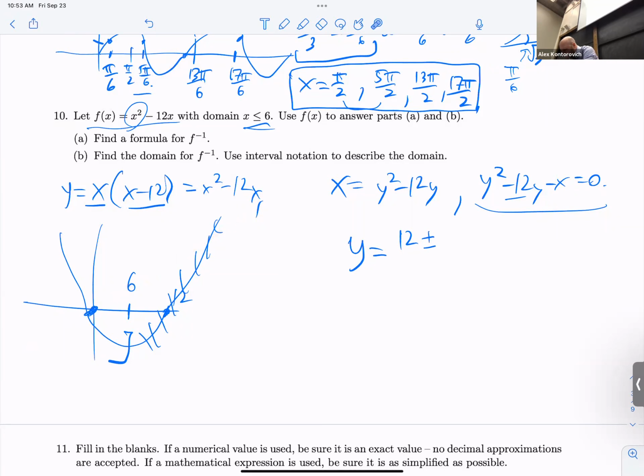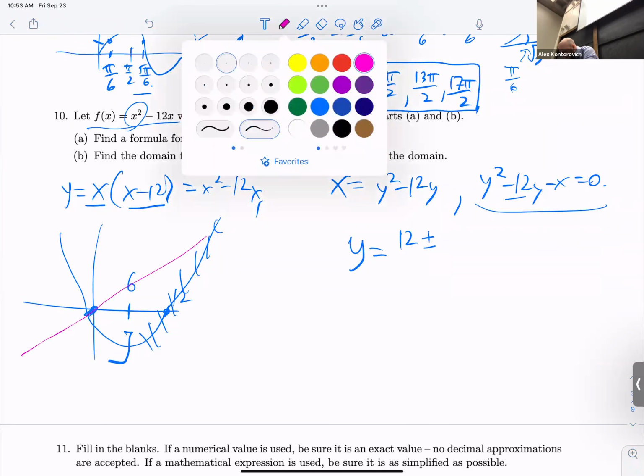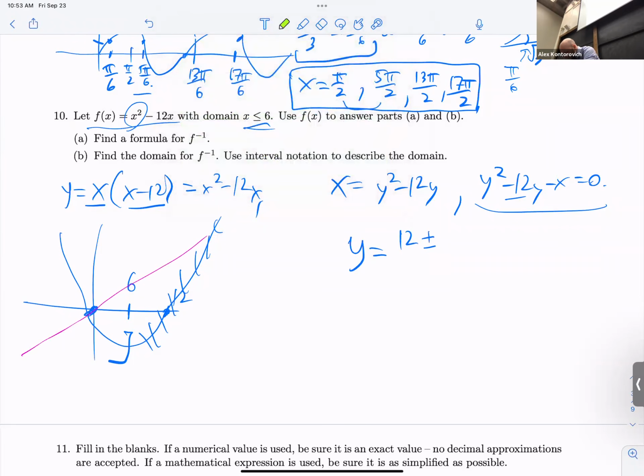Because if I take this across the line y equals x, which is how you take the inverse function, I can sort of, well, here's the line y equals x. And if I mirror this across that line, let's make it green or something, I get a sideways parabola that's going to go through 0 and 12 here. So I'll get a sideways parabola like this.